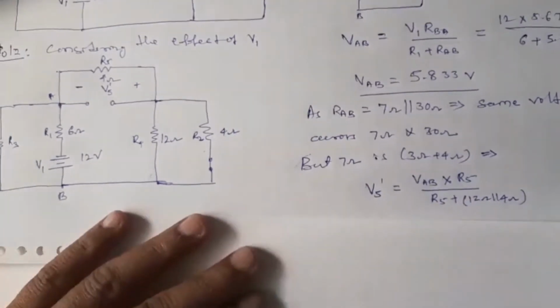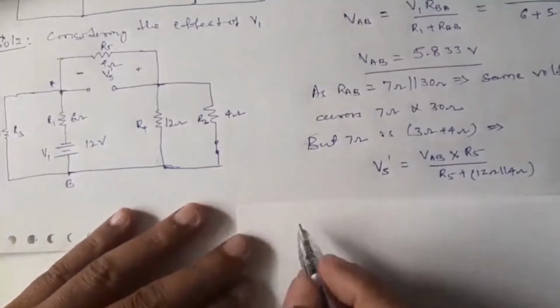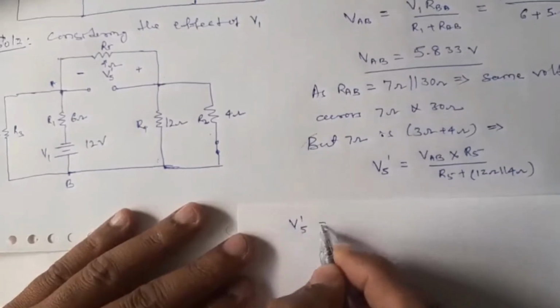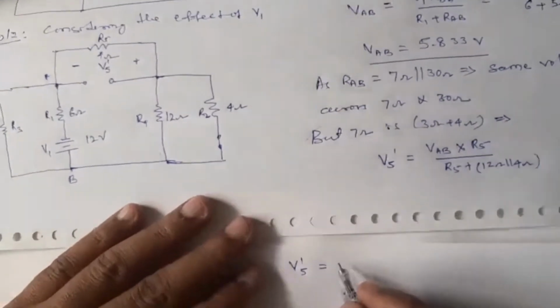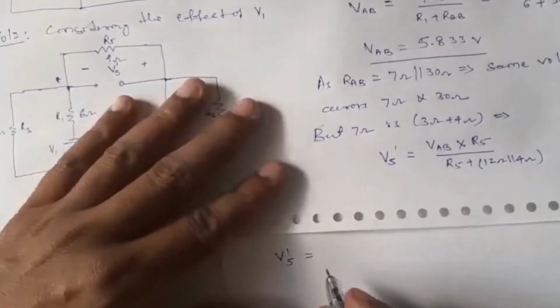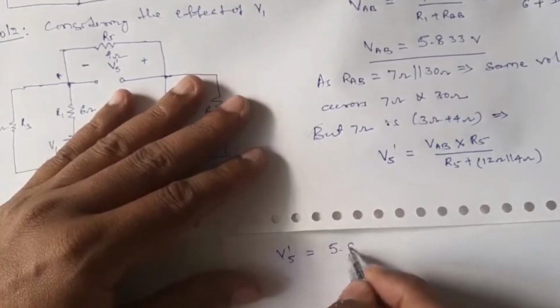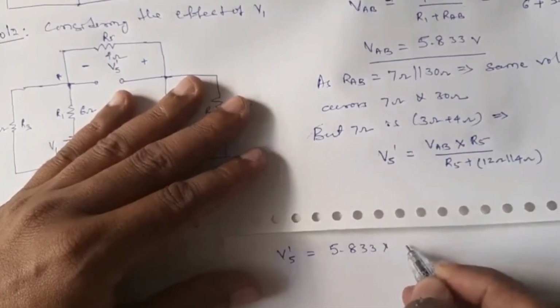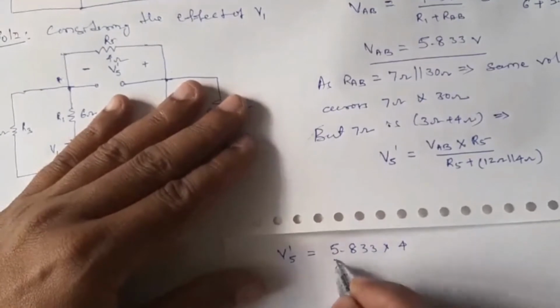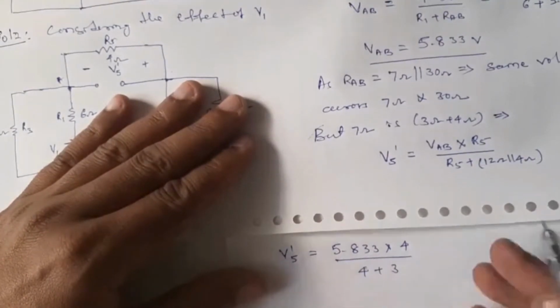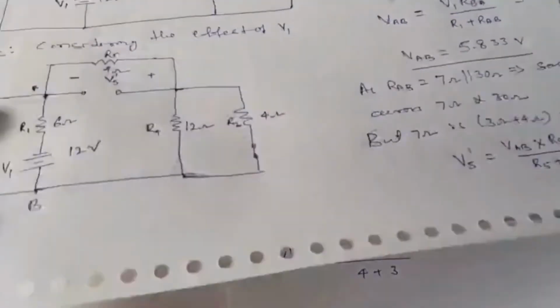So now I'll write it. V5 dash is equal to VAB, which is 5.833, into R5, which is 4, divided by 4 plus 3, because this combination you will get 3.